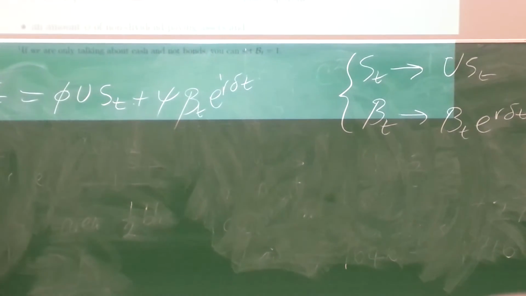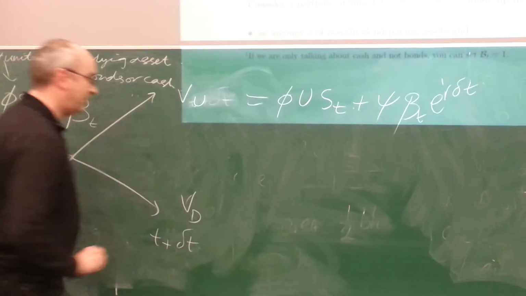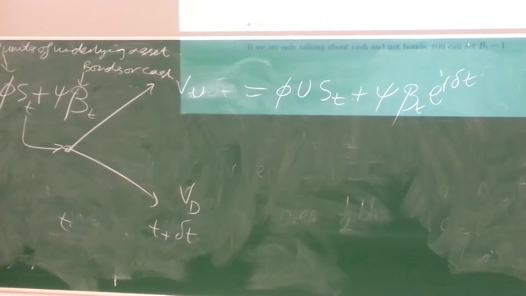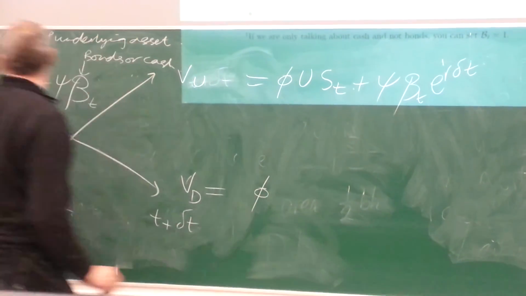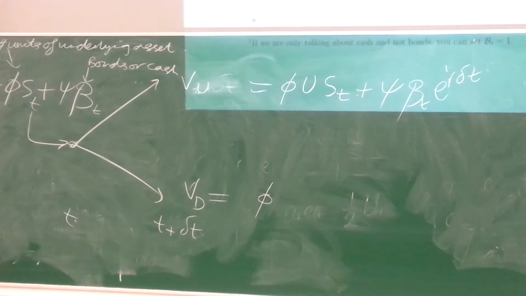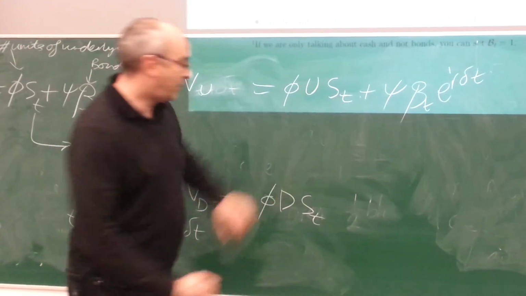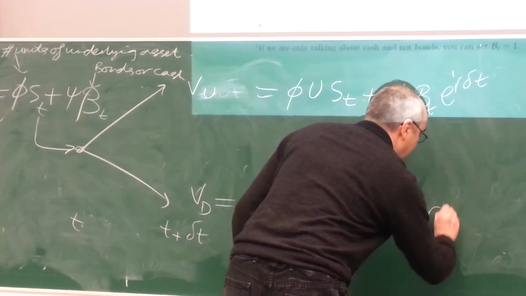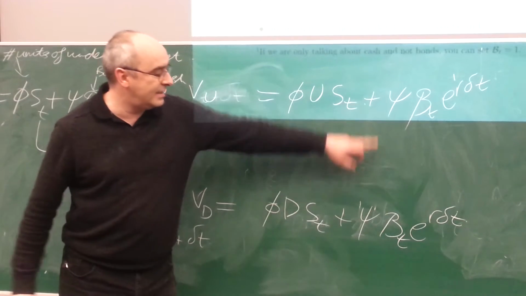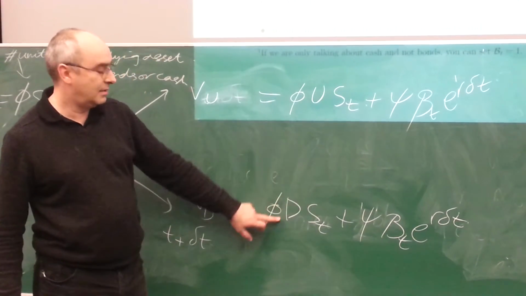What happens if I go to the down state? Let me call this V_U, and unfortunately V_D, for down. This is then phi times, well, what's the share price there? It's d times S_t. What's the bond done? It's psi times the bond, e to the r delta t. So these bond terms are exactly the same, but the share terms are not.